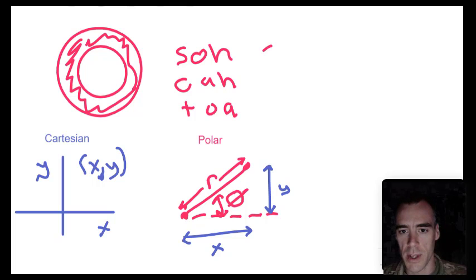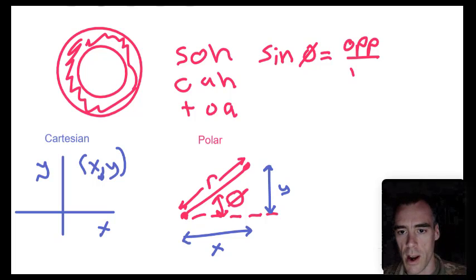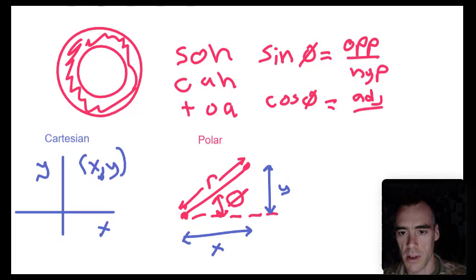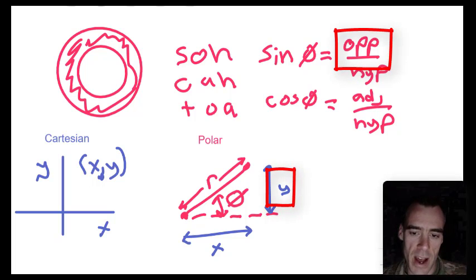So the SOH means that sine of theta is equal to opposite over hypotenuse, and cosine of theta is equal to adjacent over hypotenuse.